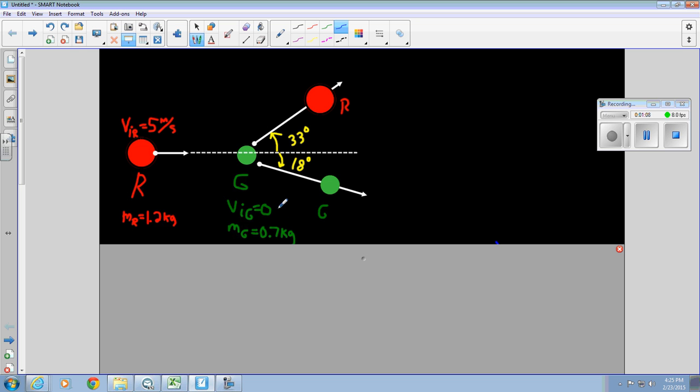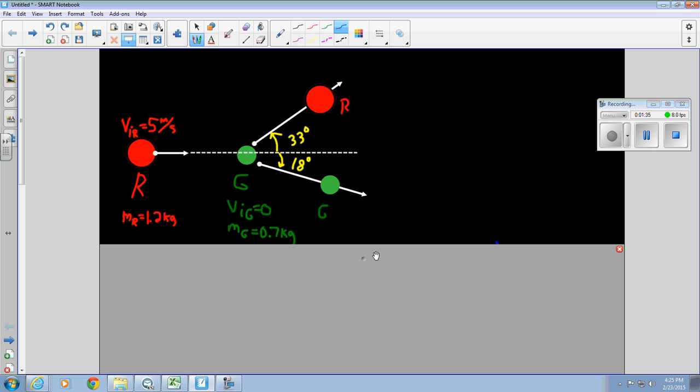Velocity of the green ball, interestingly, is 0. It doesn't always have to be 0, but in this case, we are having this initial velocity of the green ball be 0. And in here we have the angles that each ball shoots off at. So the red ball is going off at a 33-degree angle, green ball is going off at an 18-degree angle.